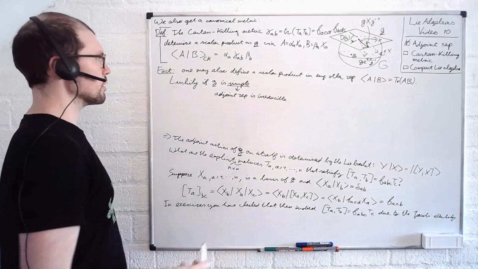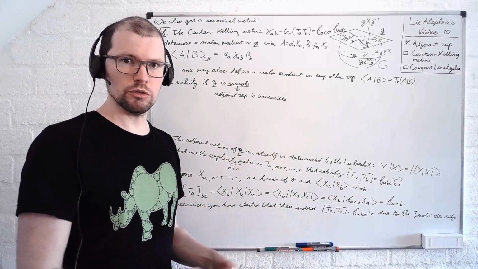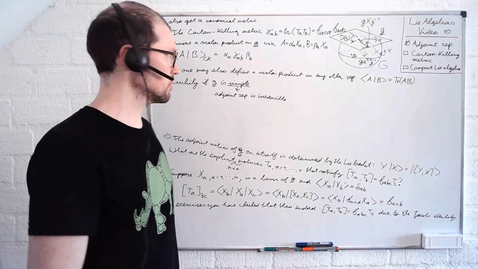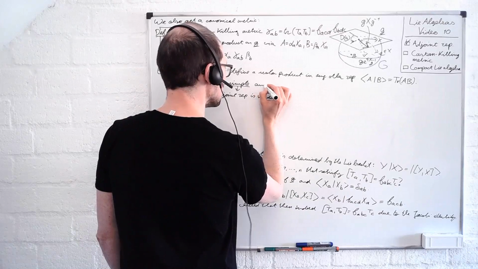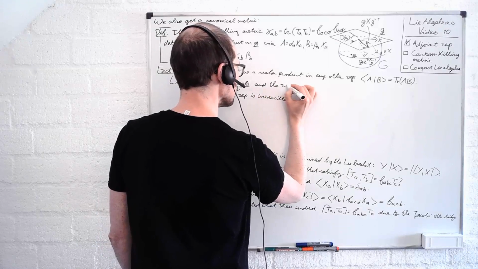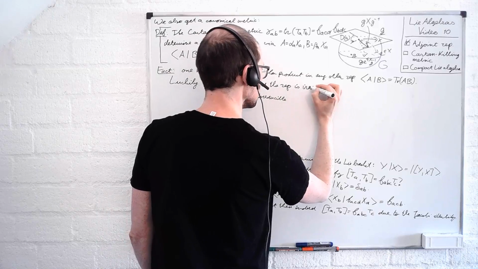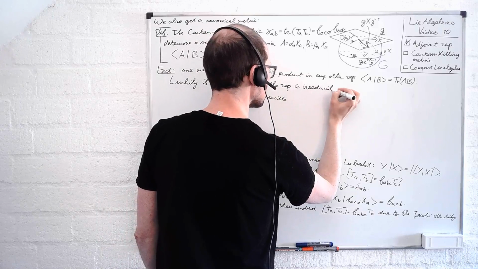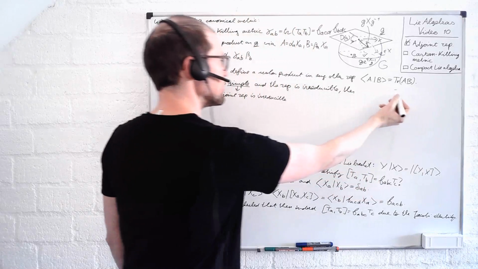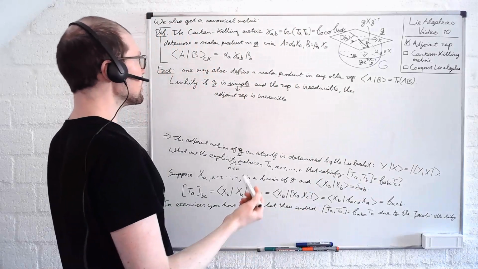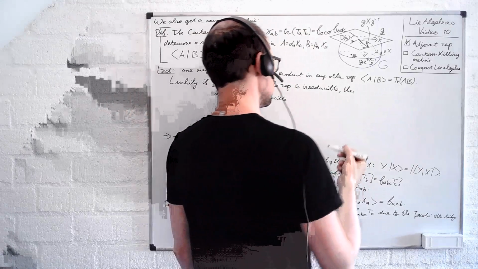This tells you something about the full group being irreducible, so not being able to subdivide your group into smaller Lie groups. If G is simple and the representation you're working in is irreducible, then this particular inner product you define is always just a scalar multiple of the Cartan-Killing metric.